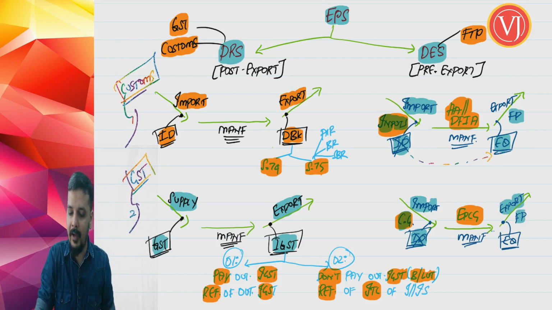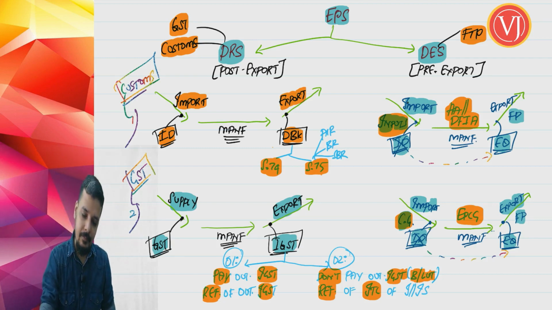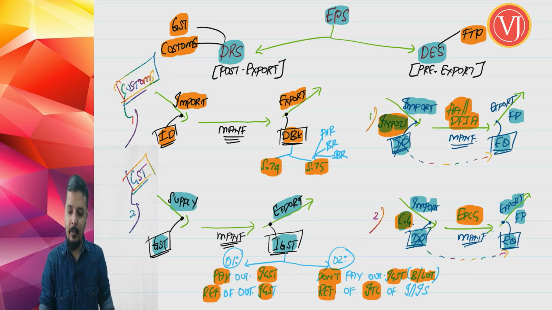You promise export of final product, your export obligation. Because you are not paying any import duty on your capital goods, you have to promise certain exports of final product which are going to be manufactured using those capital goods. Right? And friends, both these schemes are there under your foreign trade policy.